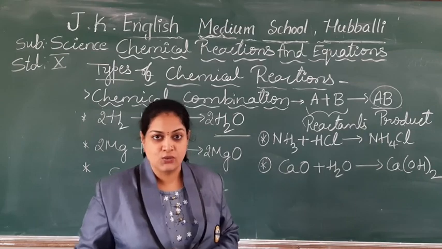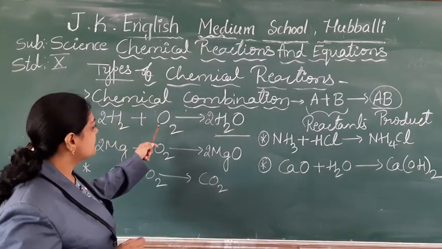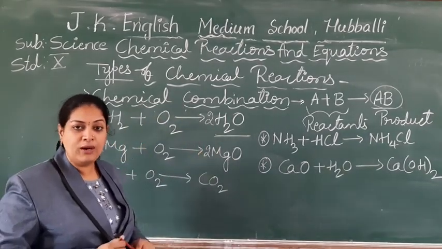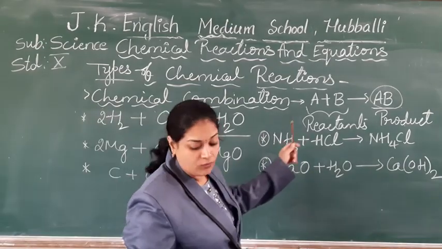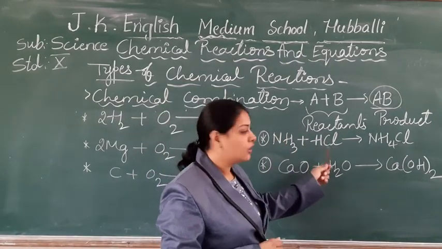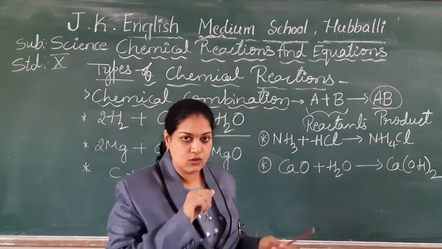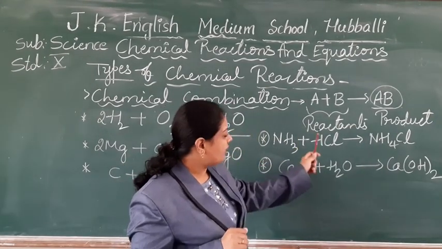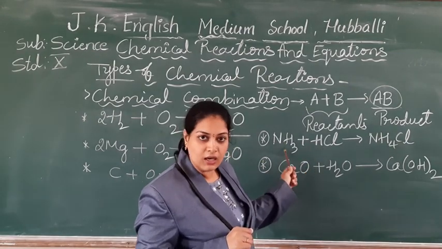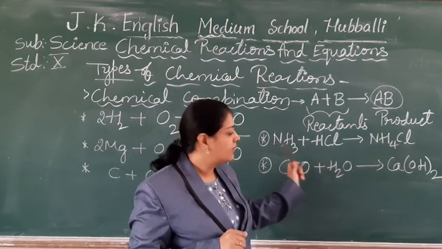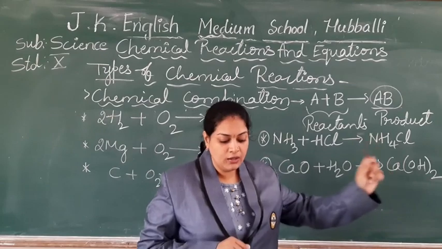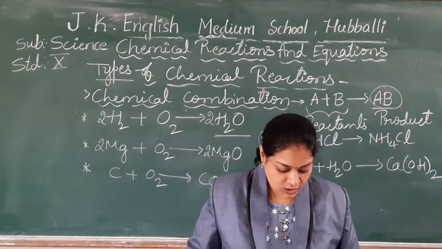What I want to say, students, is that two elements can combine to give you one compound. Two types of compounds can react to give you one new compound, or one compound and one element can combine to give you the new product. Hope you are understanding.